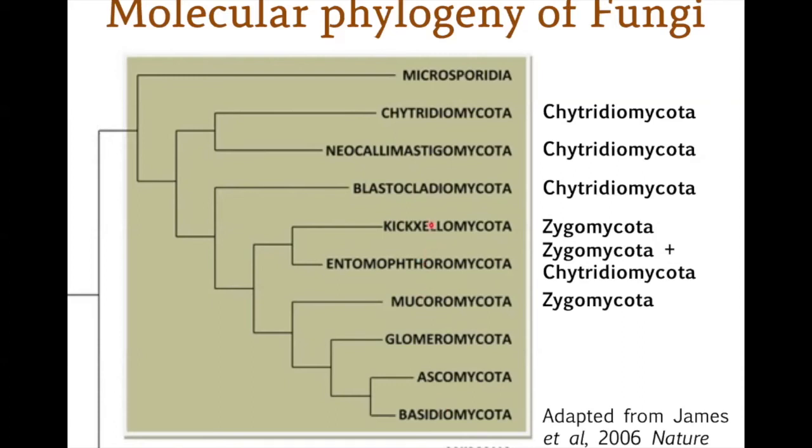So if we were to make Chytridiomycota as a taxonomic group, it would also include Ascomycota, Basidiomycota, and everything else. And same with the Zygomycota. If we take this group here and this group here, and we take their most recent common ancestor, it's out here, and that would also include the Ascomycota and the Basidiomycota.